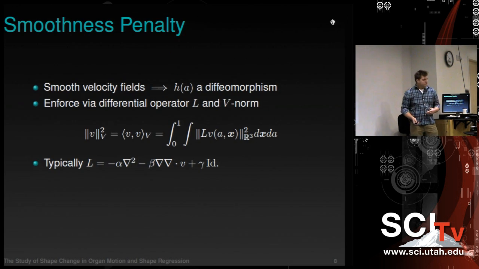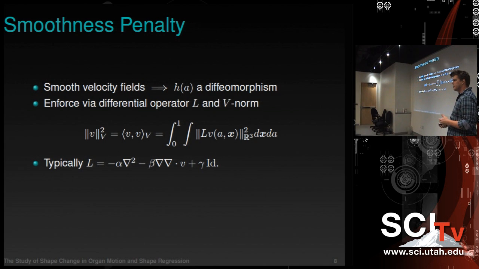Now what's nice about this model is that if the velocity fields are all smooth, meaning some level of differentiability, then we're guaranteed that the deformation is what's called a diffeomorphism, meaning that it itself is differentiable and it's one-to-one, onto, invertible.